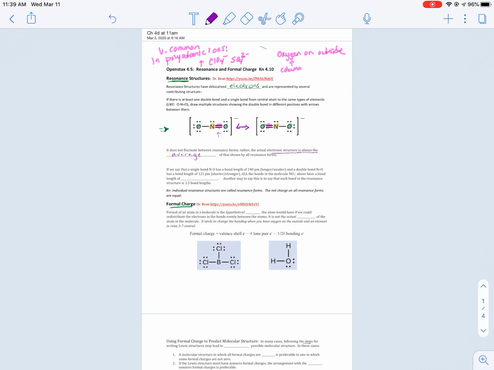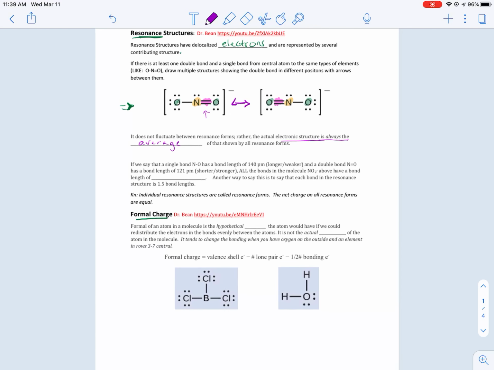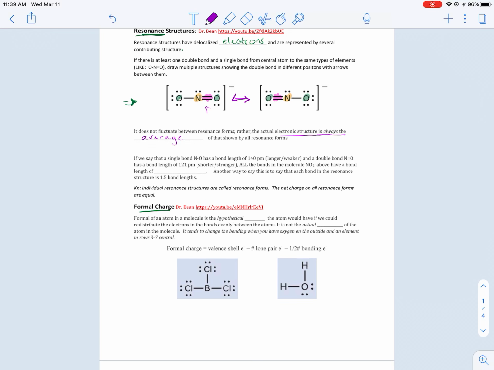What does this mean and why do we care? Well, what we found in studies, remember there are those tables and tables of information in chemistry, and here's some information from a table. We find that the single N-O bond has a bond length of this many picometers, so it's really teeny tiny. This bond length right here is 140, and then the double bond has a bond length of 121.